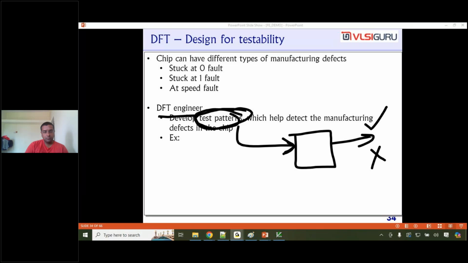The person who does the work of applying and checking is called a post silicon validation engineer. It is not the role of the DFT engineer to check the chip. His only responsibility is to provide the test vectors.